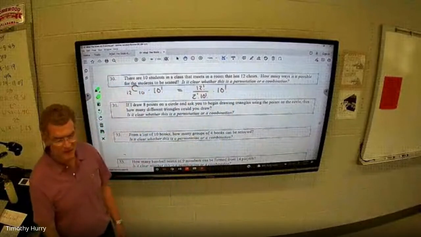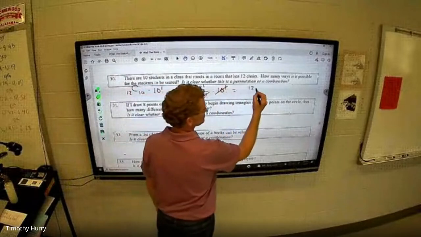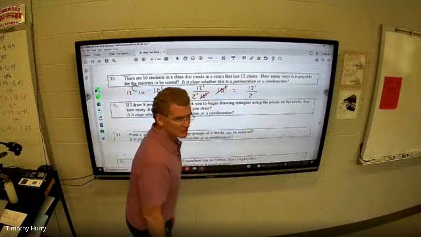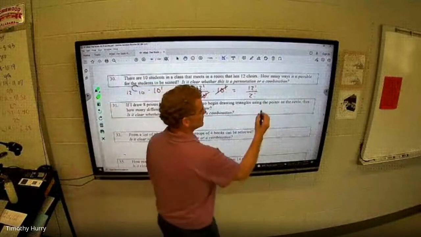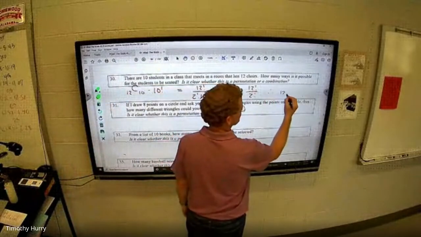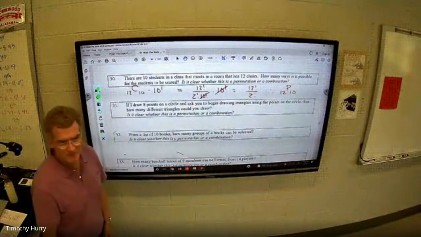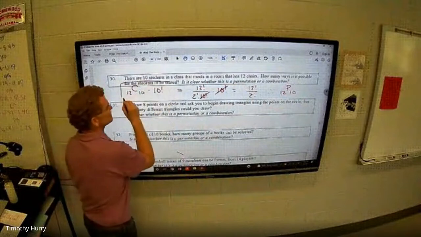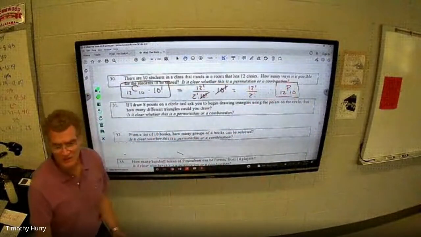What does that leave me with? 12 factorial over 2 factorial. Isn't 12 factorial over 2 factorial the same thing as 12P10? So this is the same as this. Just 2 ways to think about it.